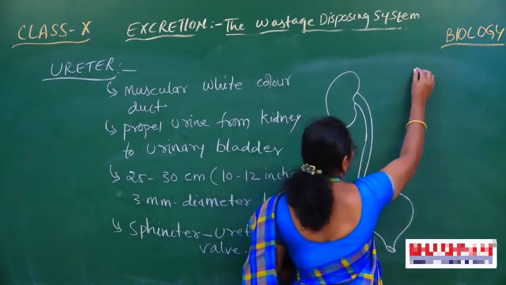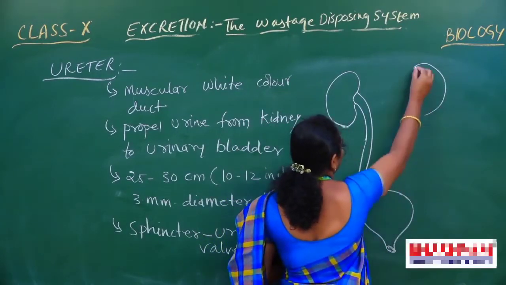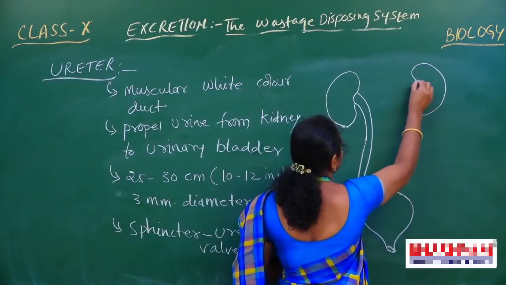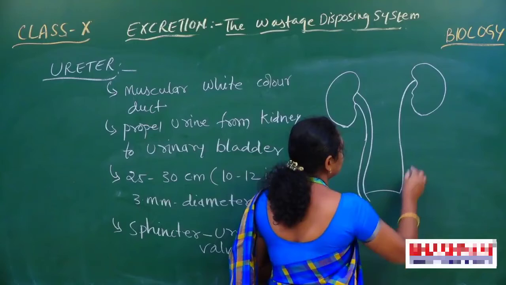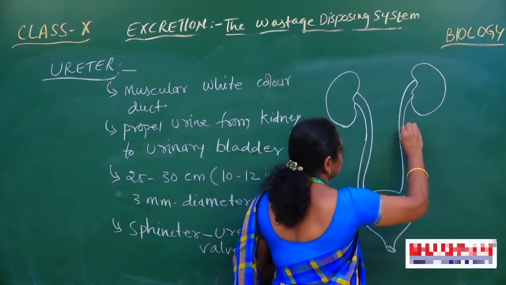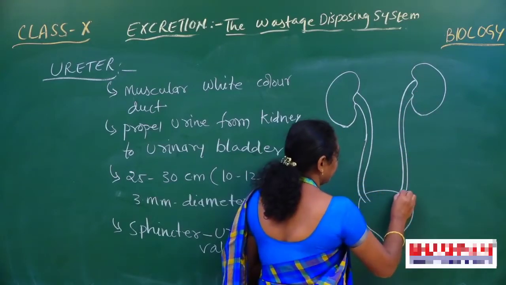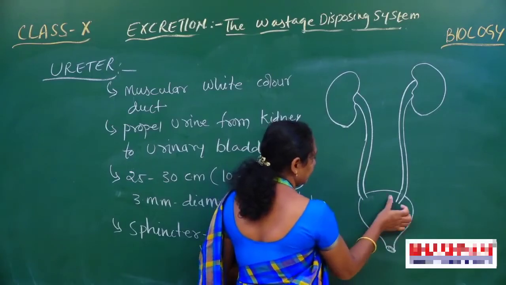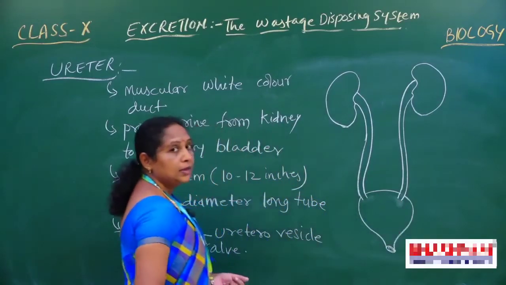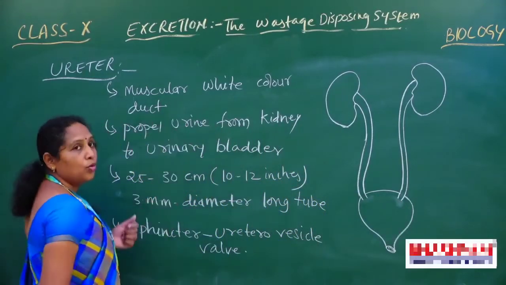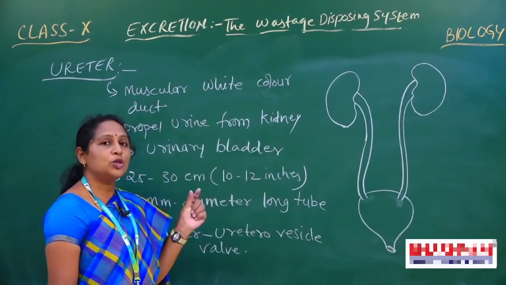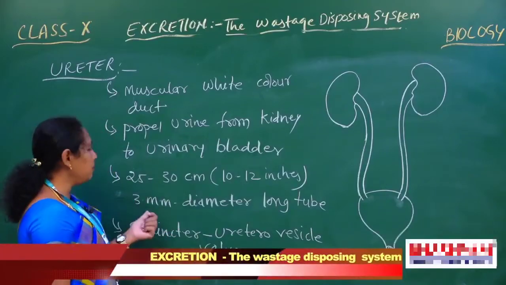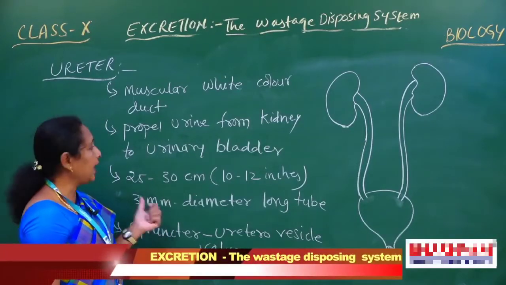From both sides of the kidneys it originates and opens into the urinary bladder like this. Clear? So it's a muscular white duct in the sense of a tube, but small in size. What is the diameter? 3 millimeters.